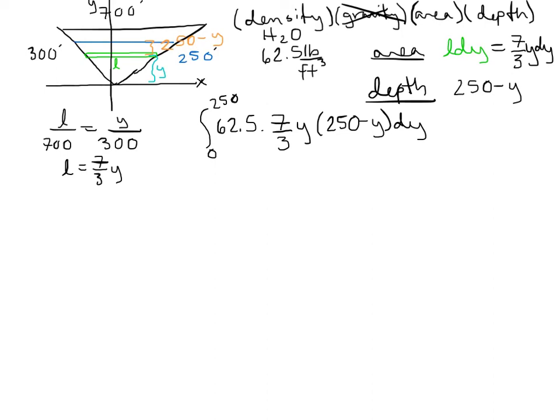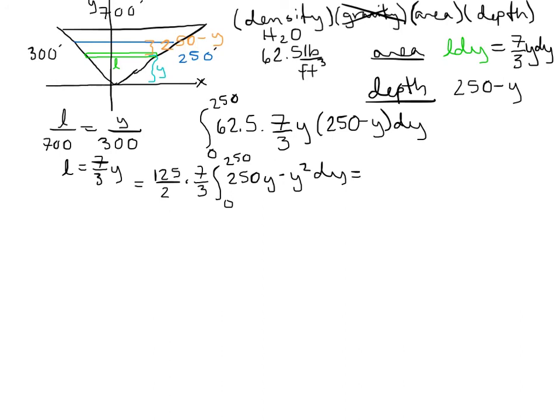Okay, so let's see, 62.5. Since I've got other fractions in here, I'm going to change that to a fraction. So that would be 125/2. And I still have 7/3. So that means I'm going to integrate 250y minus y squared from 0 to 250.